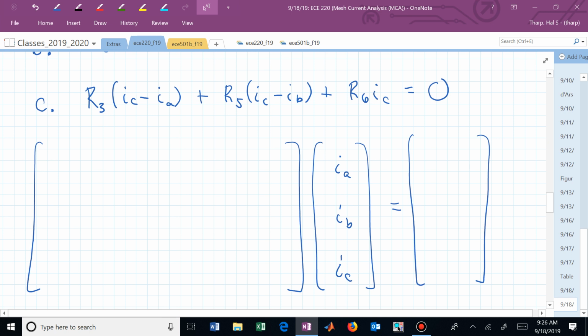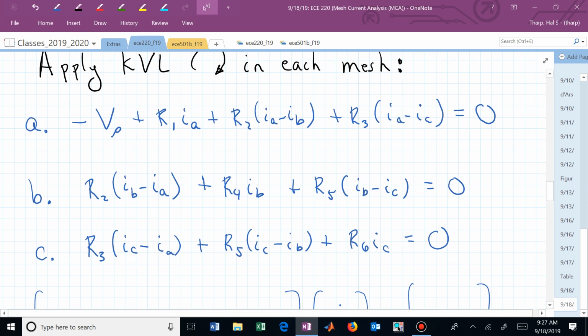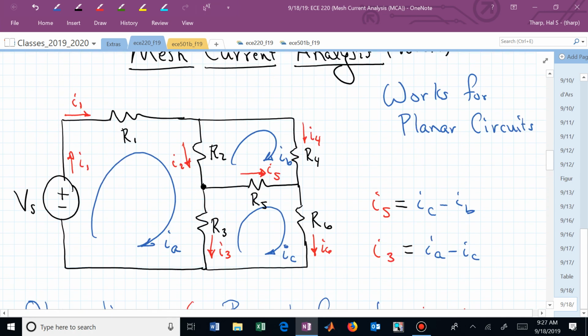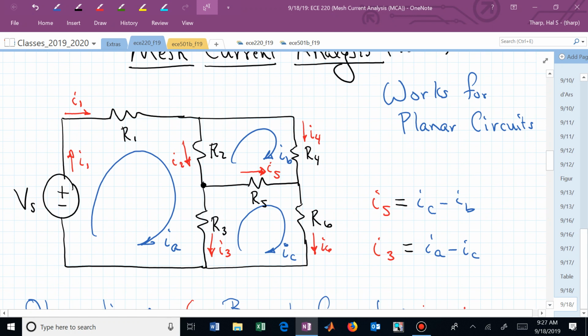You could now fill in this matrix, which has 9 elements in the 3 by 3 matrix, by simply rewriting this A equation and identifying the coefficients for each of the mesh currents. I sub A, what are its coefficients? So it's R1 plus R2 plus R3. Hey, wait a minute. If we go back and look at this by inspection, what resistors did I sub A touch?